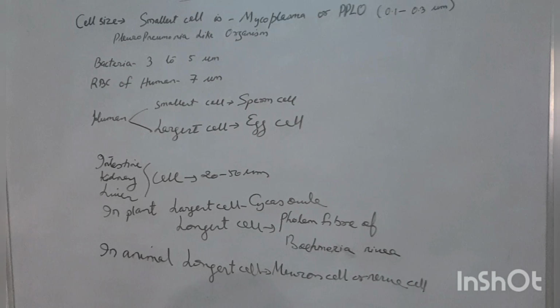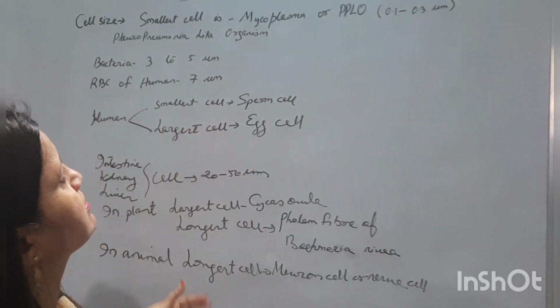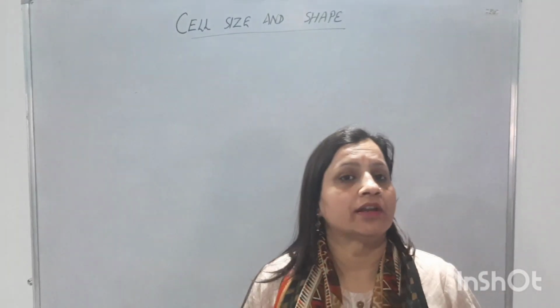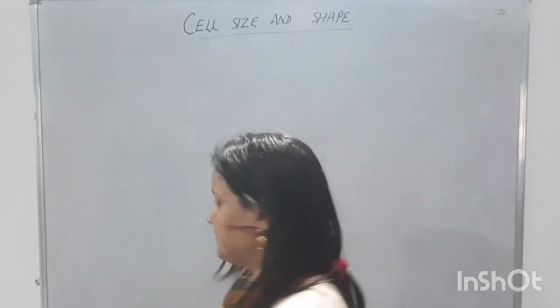So this is about the cell size, and there are many factors that are responsible for maintaining and regulating the size of the cell. So what are the factors that regulate the cell size?